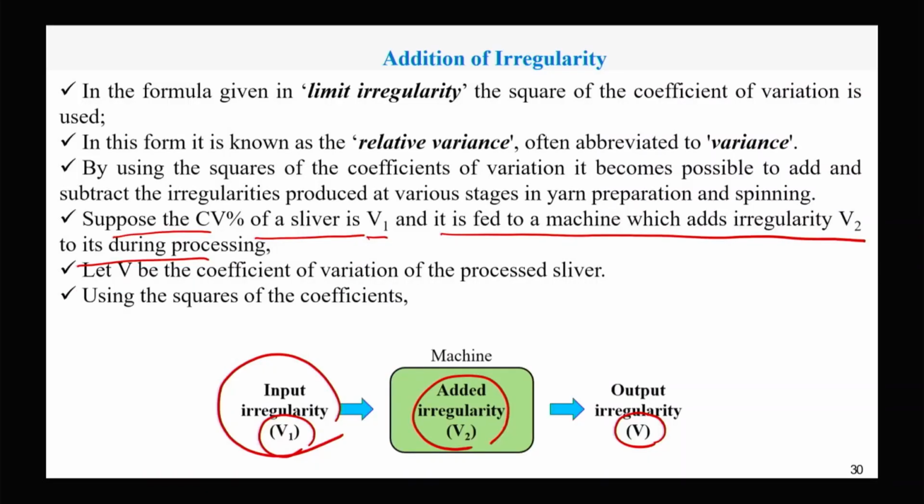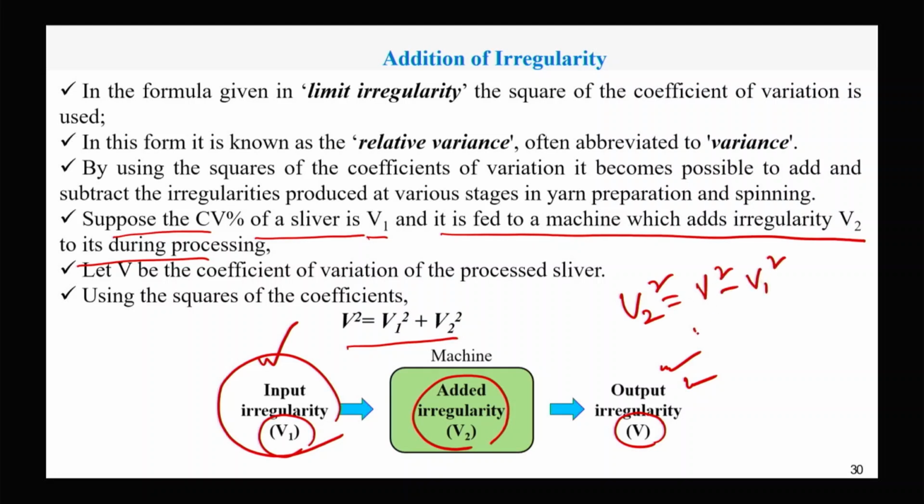Thus, using the square of the coefficient, we can calculate the CV of the output material, or if the CV of input material is given and the CV of output material is measured, we can calculate the CV addition as the square root of V square minus V1 square.